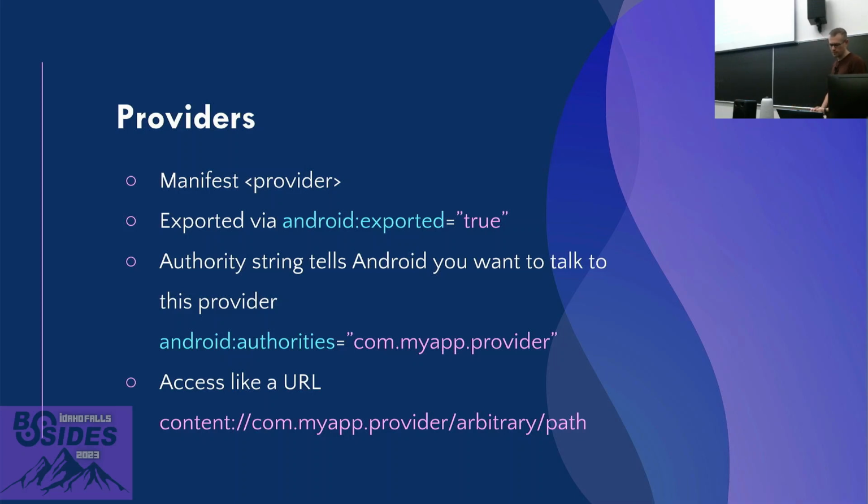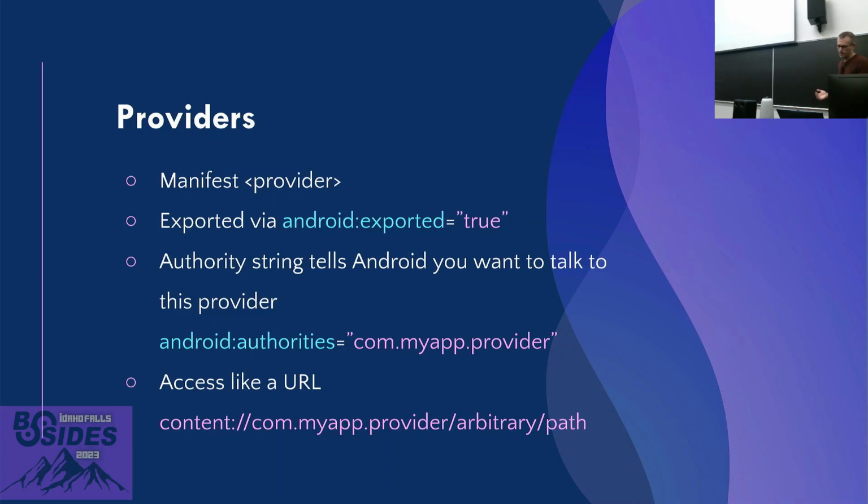This authority string is how Android knows that someone wants to talk to this particular provider instead of other providers on the device. Many applications implement a lot of providers, so Android needs to know which application it should route a request for content to, and it uses the authority string to figure that out.